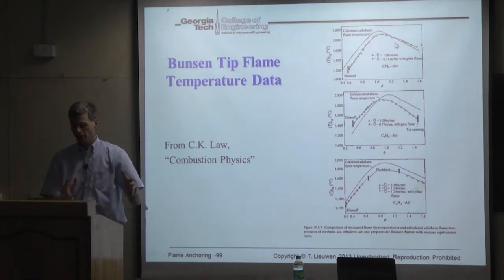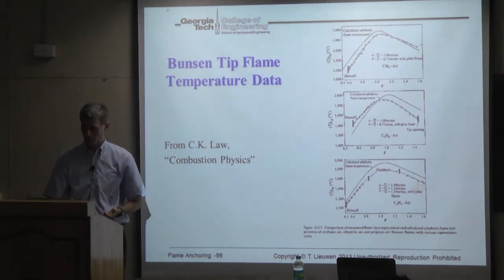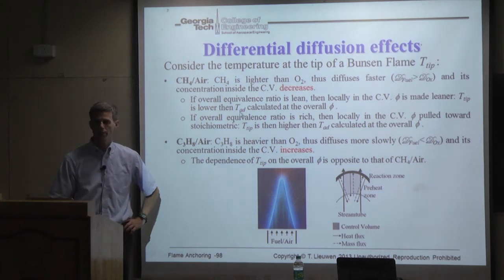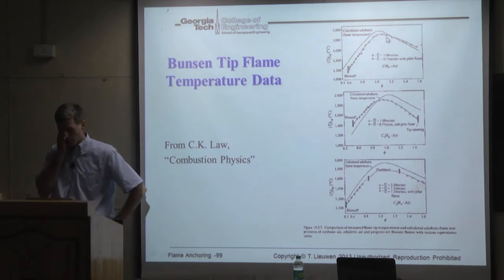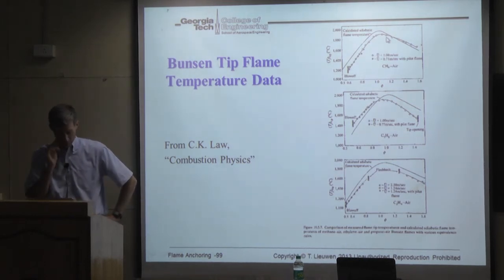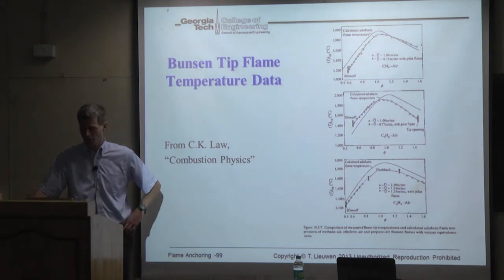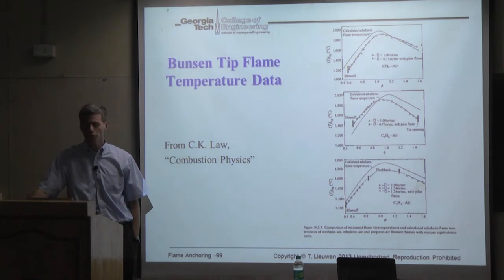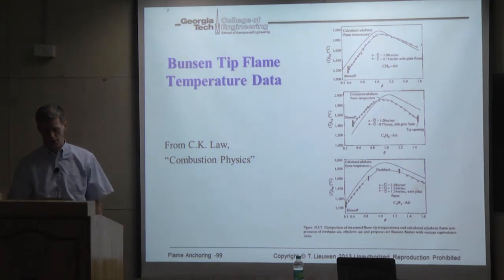This general trend, this shifting of the flame temperature with respect to the adiabatic flame temperature, is exactly consistent with what we were talking about here. All right? So this is direct evidence of the importance of differential diffusion coupled with flame stretch on the burning velocity. Correspondingly, if you measured the local flame speeds, you would see that the flame speed, because of its strong sensitivity to temperature, would also be changing.